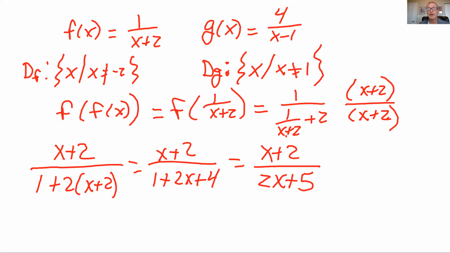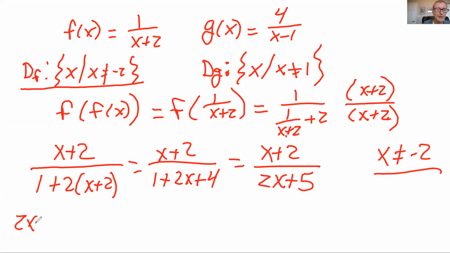So what is the domain? Well, first of all, you go back to the original equation, and x cannot equal -2. So that's part of our exclusion of the domain. And the second one is 2x plus 5 cannot equal 0, right? So that would be 2x cannot equal -5, and so x cannot equal -5/2, which is -2.5.